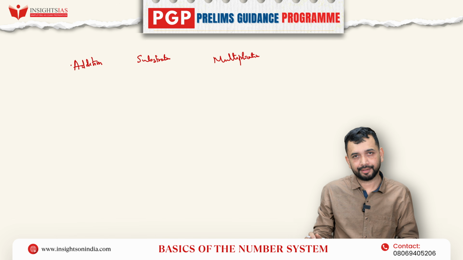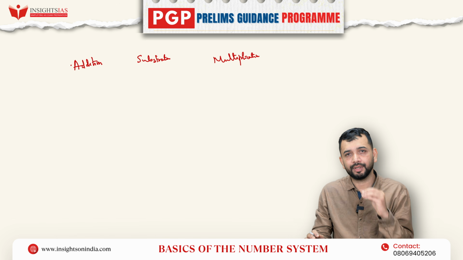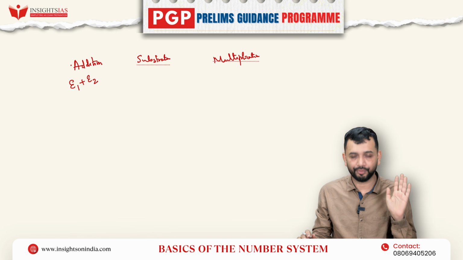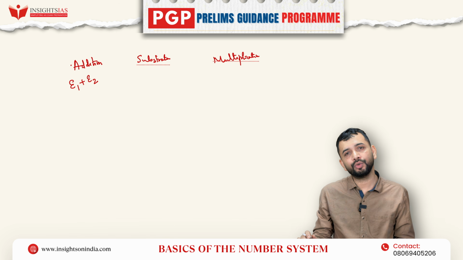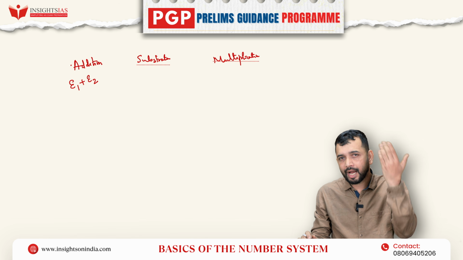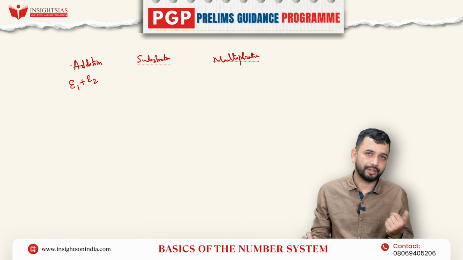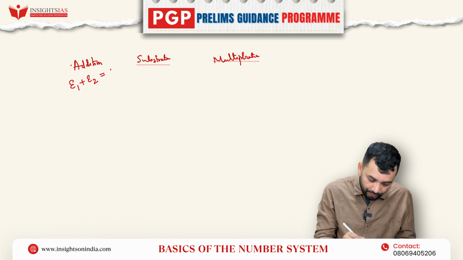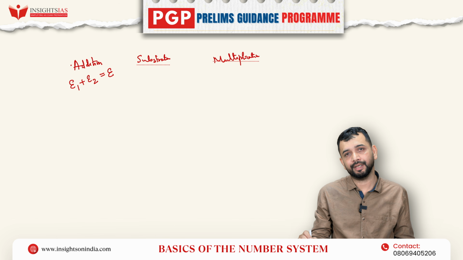Now go with the addition. Let's say there are two numbers which are even. That is even 1. Second is also even. If I am writing E, it indicates an even number. Now if I am adding two even numbers, what will happen? Let's say you add in your mind 2 plus 4. Answer will be 6. So when you add two even numbers, answer will be even.